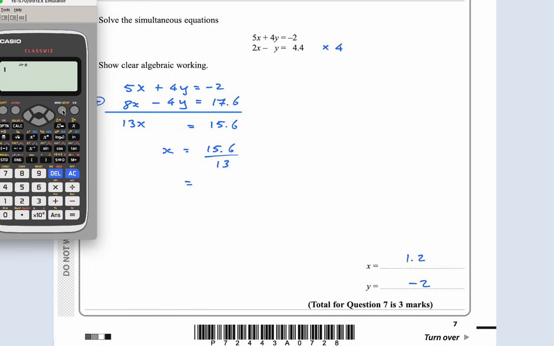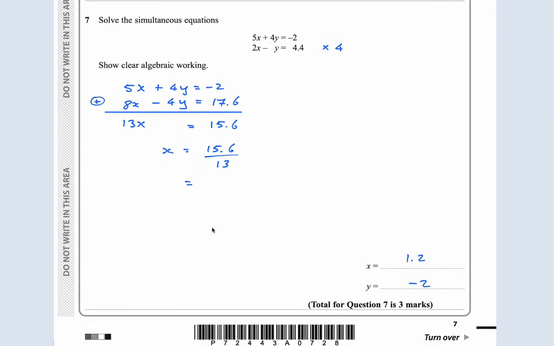15.6 over 13 is 6 over 5 or 1.2, which I was expecting. Okay, x is 1.2. Let's sub this back into equation 2. So I have 2 times 1.2 minus y equals 4.4.